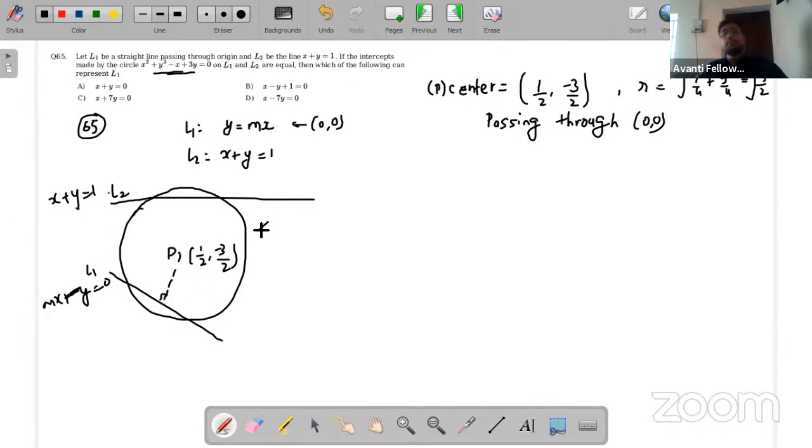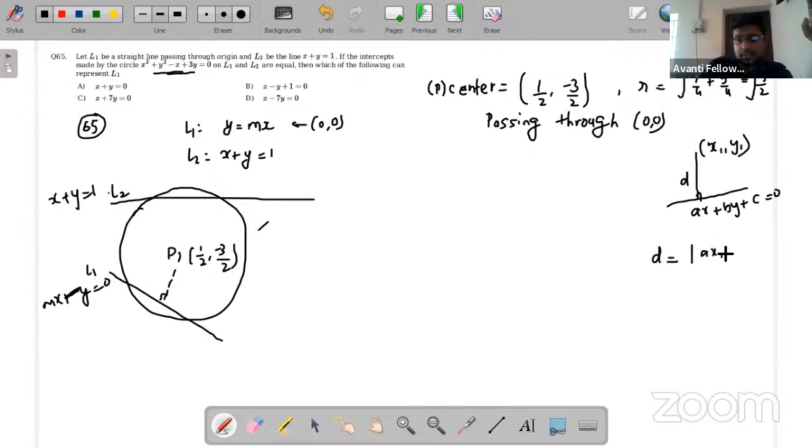So we know from a point, the distance formula is, if a line is ax plus by plus c is equal to 0 and point is x1 comma y1, then perpendicular distance d will be modulus of ax1 plus by1 plus c divided by root over a square plus b square. So I'm going to use this.